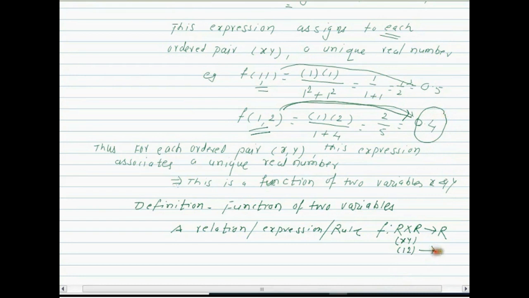So 0.4 is a real number. R cross R is the set of all ordered pairs. Any expression from this set R cross R to R, and the result is a real number.